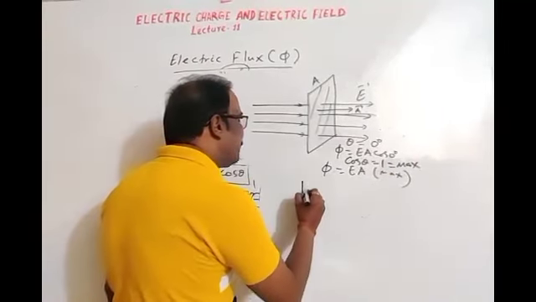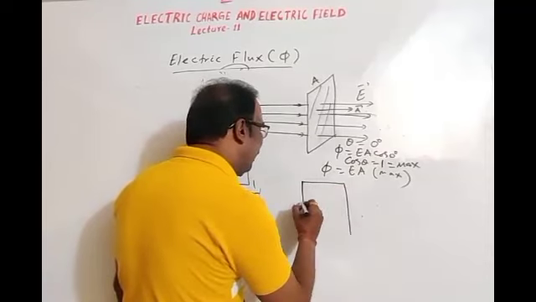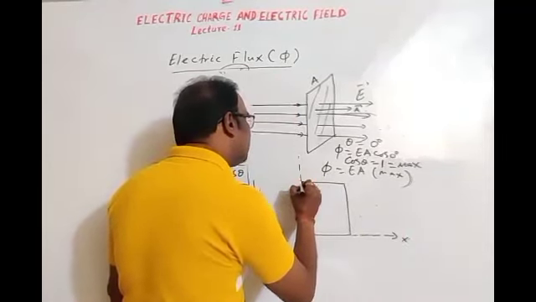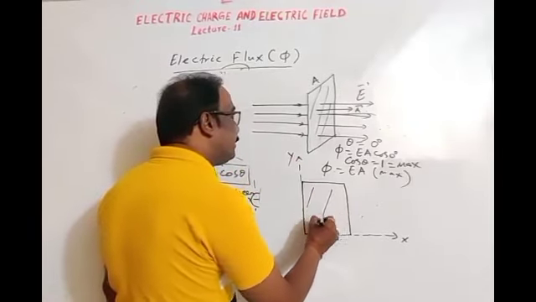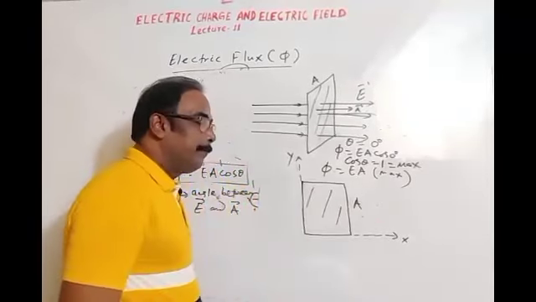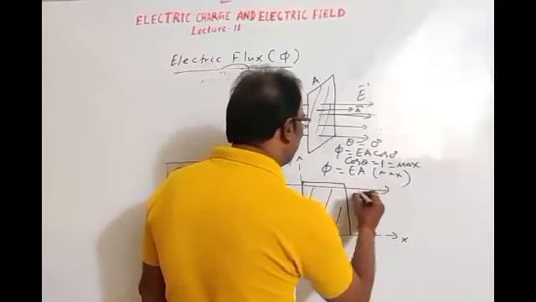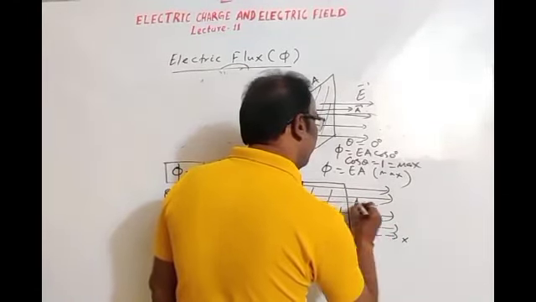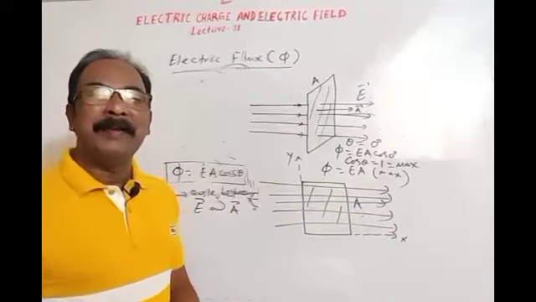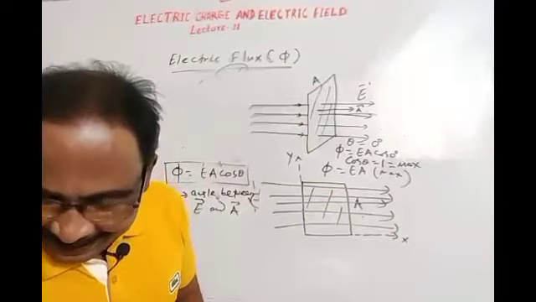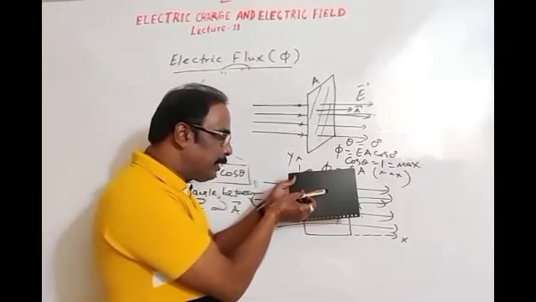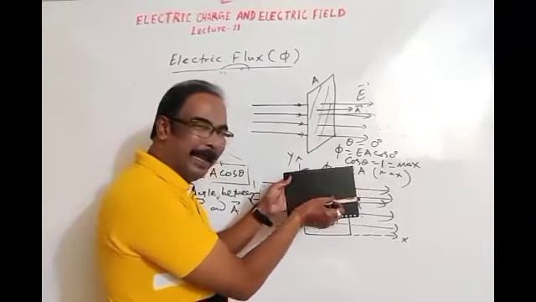Next case, let's now hold the area like this. See, this is along the x-axis and this is along the y-axis. This is the area, let this area be A. The electric field is passing like this. How is the electric field passing? Parallel to the plane. See, this is the plane of area. Okay, the electric field is passing parallel to the surface area.